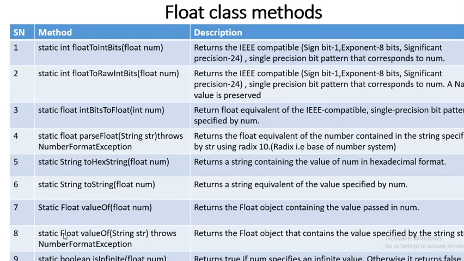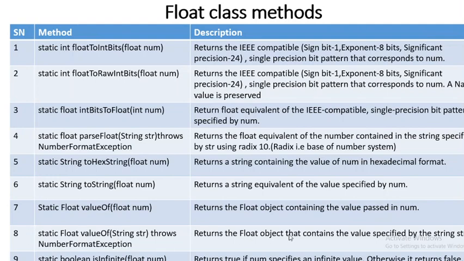Next, return type is float object. Again method name is value of, but the argument is string str. So whatever the string you are giving over here, this string will be converted into float object. But if the string is not proper, it is not possible to convert that into a float object, it may generate number format exception.